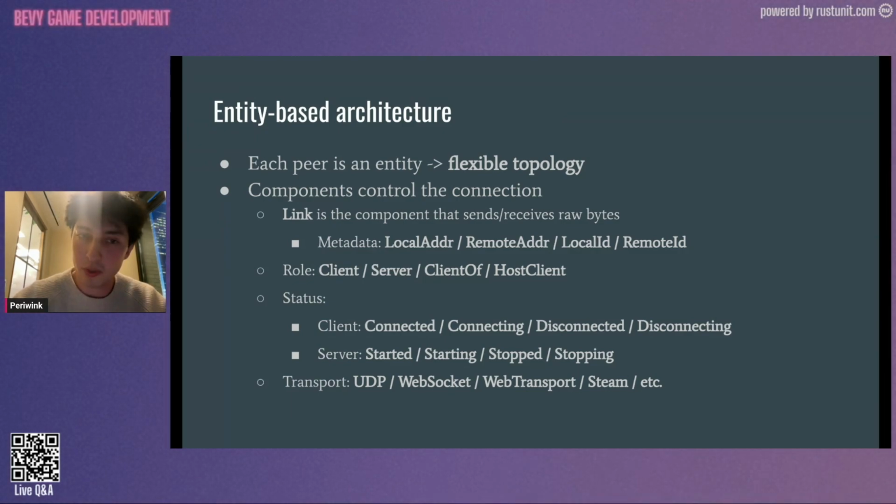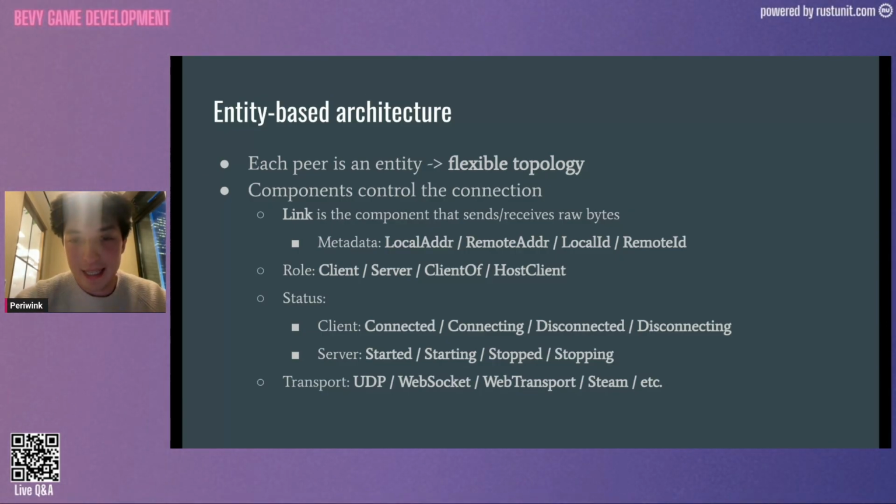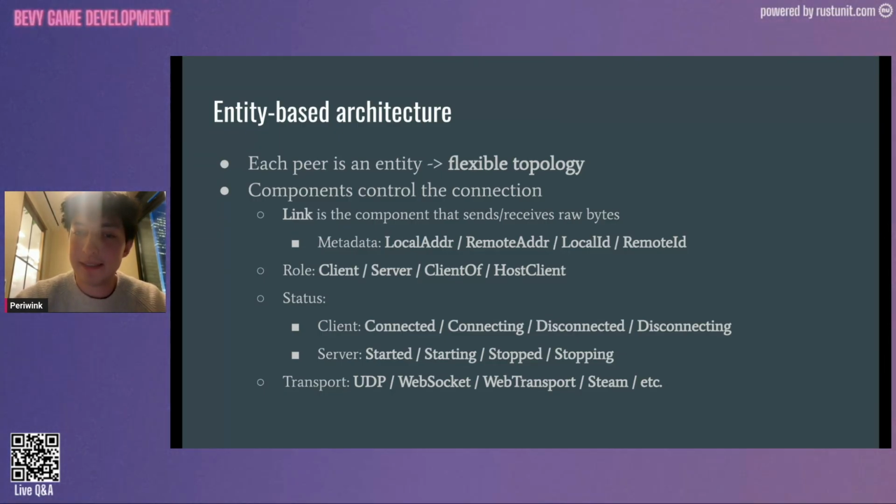There's also the role. So you can be a client, a server, a client of a server. So yeah, the name is a bit confusing, but it's basically just the client that is controlled by a given server, and even a host client. That's when a client acts as both a server and a client in the same app. There are some components that track the status of a given client or server, like are we connected?